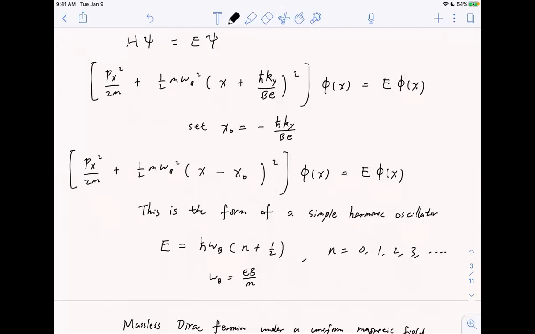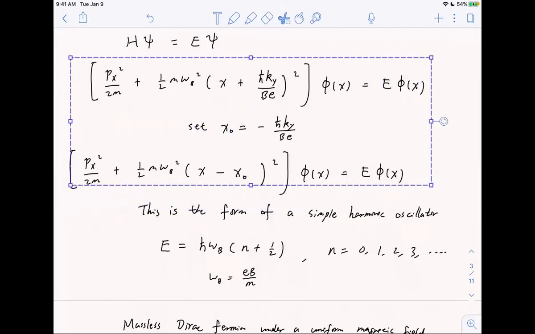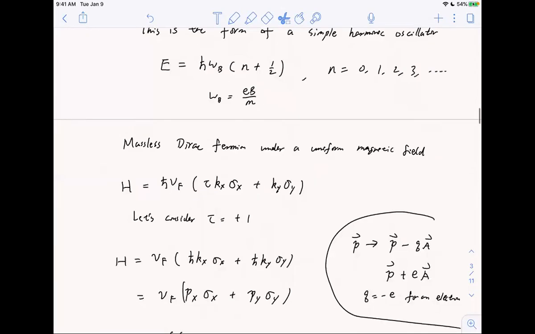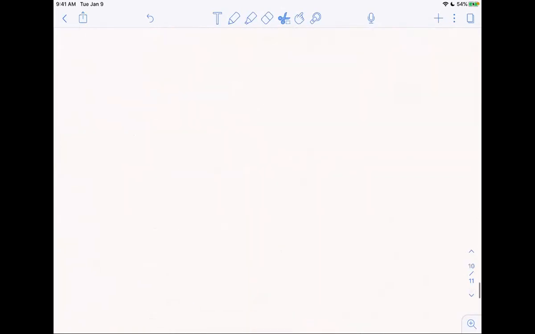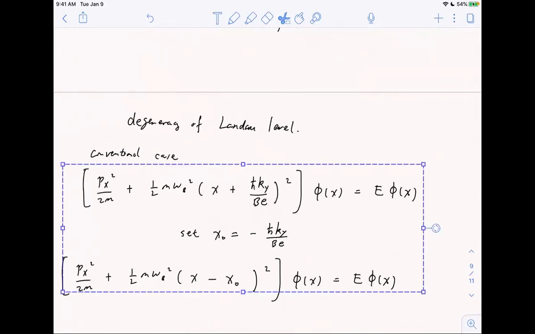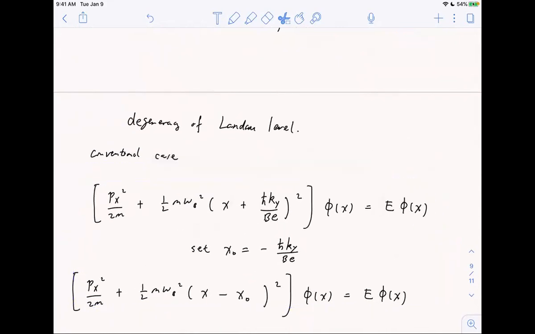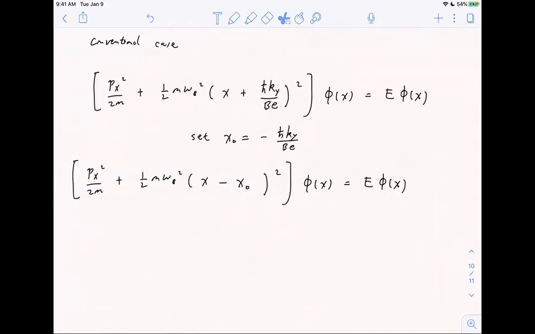Okay, so let me just copy this. The degeneracy is the number of allowed x0.